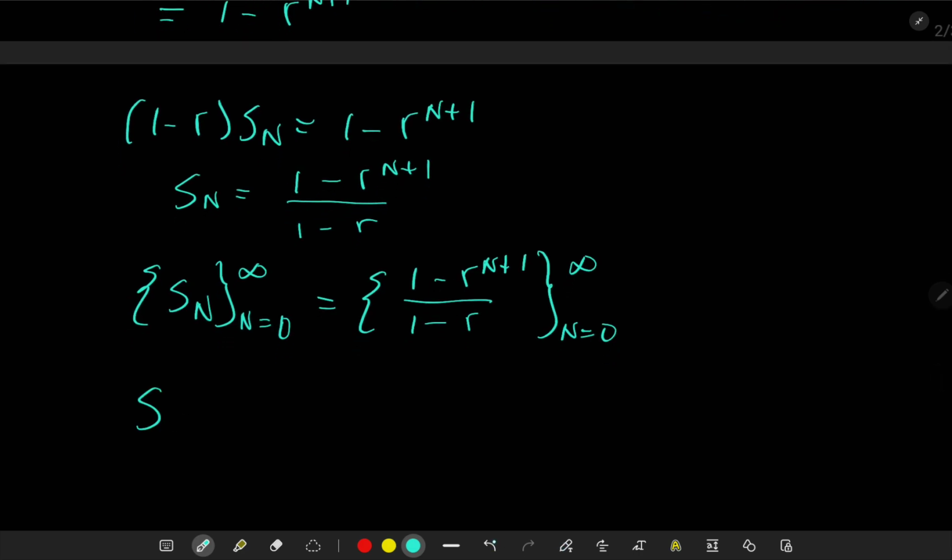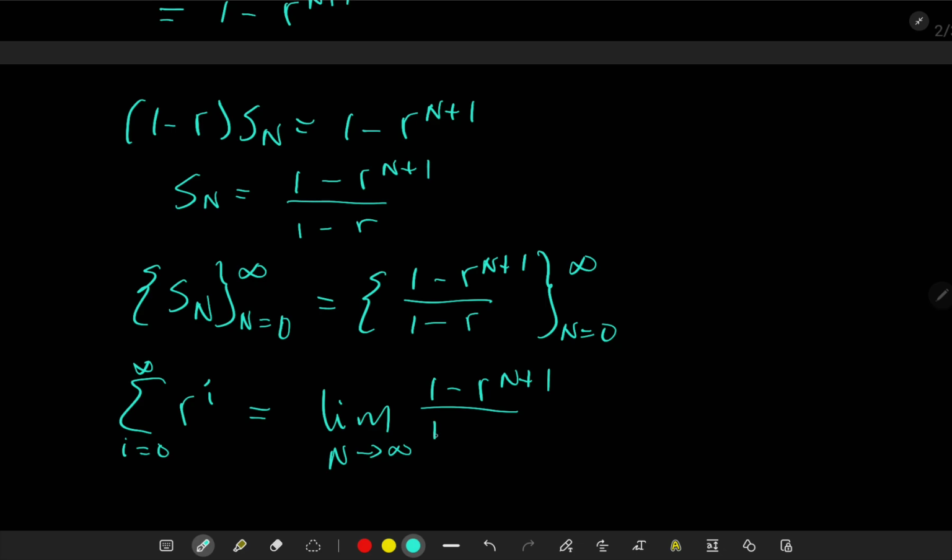So my geometric series, let's write it like this: the sum from i equals 0 to infinity of r to the i is going to be the limit as capital N goes to infinity of this 1 minus r to the n plus 1 over 1 minus r.